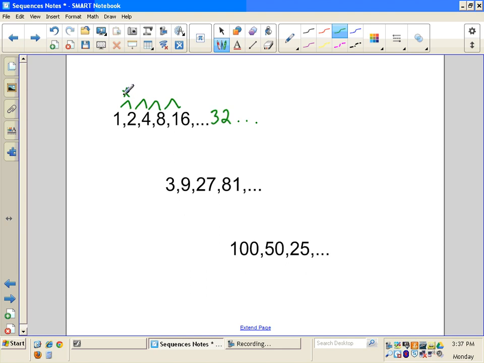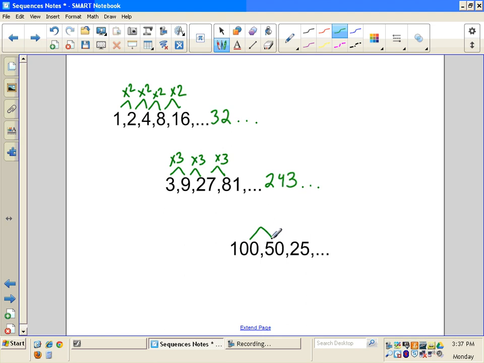Do you see that we're multiplying by 2 each time here? So we're not going to add in this type of sequence. In this type of sequence, we're going to multiply. Hopefully you can see here that we're multiplying by 3. 81 times 3, sorry, is going to be 243, dot, dot, dot.